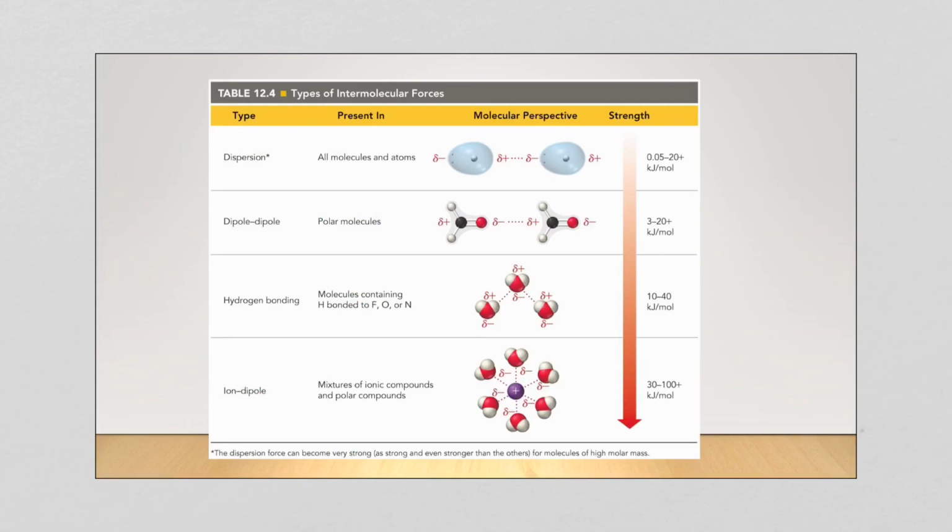So we'll just close this little section with the little graphic that's in your book, which gives a nice, easy to look at comparison here, where we can look at the types of molecules that they're present in, there are mixtures for ion dipole, and we can compare the relative strengths. So you can see, you got to be careful of the ranges here, because dispersion forces can get quite strong in very large molecules, right?